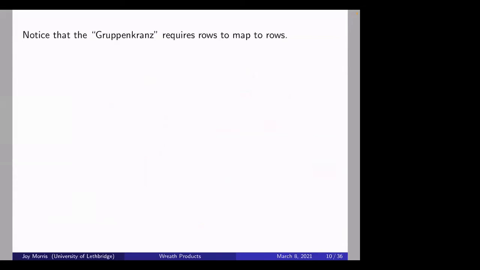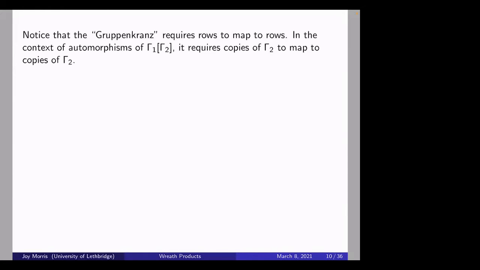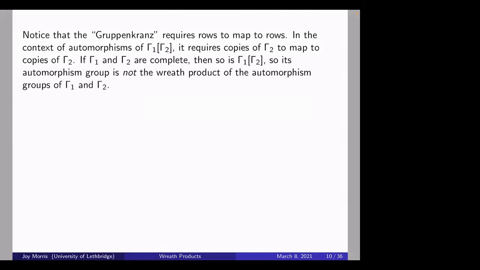He did know, so as I said, the Gruppenkranz requires rows to map to rows. And so in the context of our automorphisms of our lexicographic product, copies of gamma 2 have to map to copies of gamma 2. Now, Harari already noticed when he did this that if both of your graphs are complete, then it turns out that your lexicographic product will also be complete.